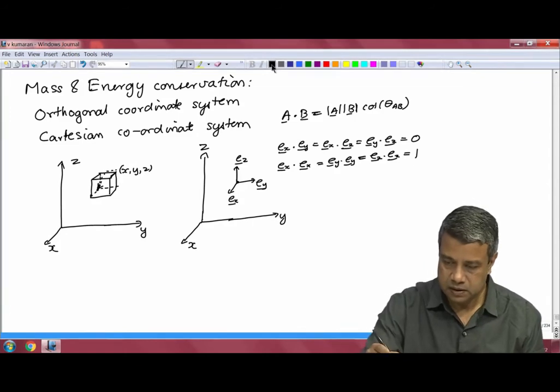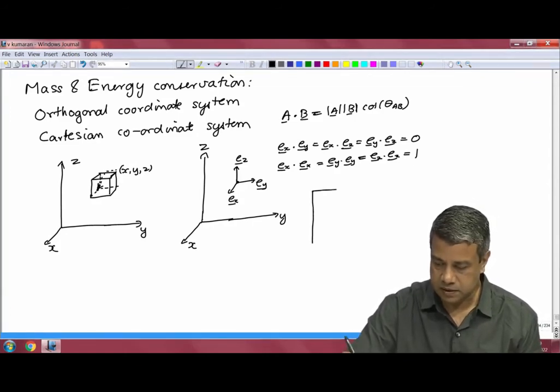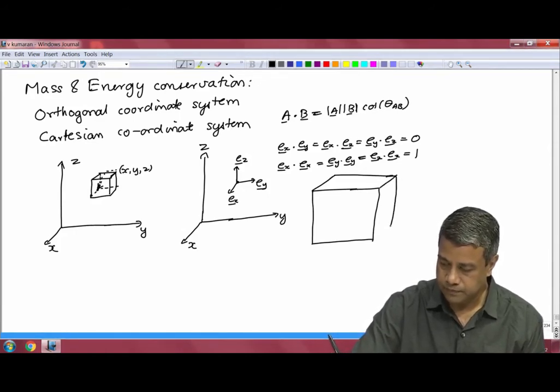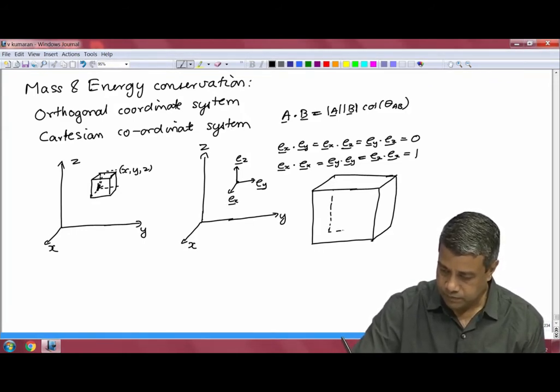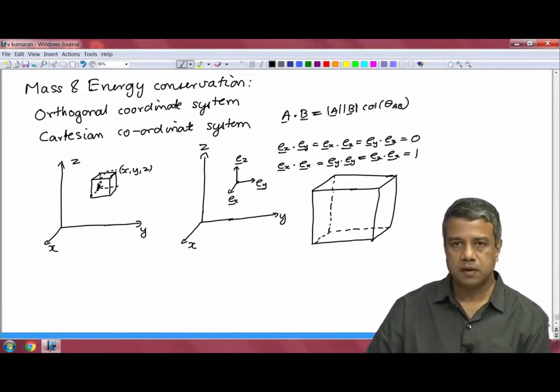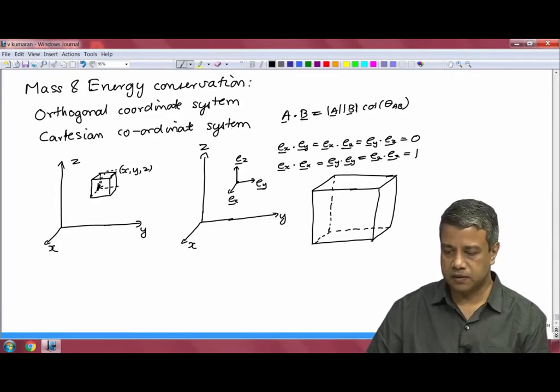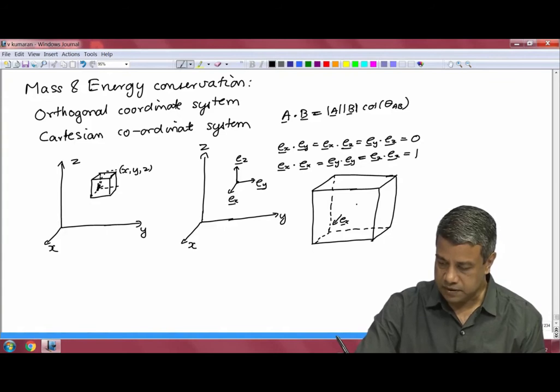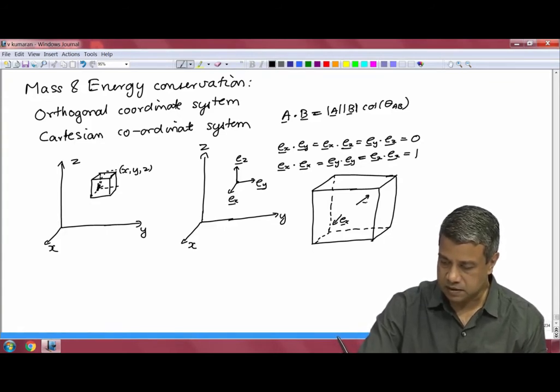So, if I expand this out, this differential volume here, the two surfaces perpendicular to the x direction are the front surface, in which the unit vector is in the plus Ex direction, the rear surface where the unit vector is in the minus Ex direction.